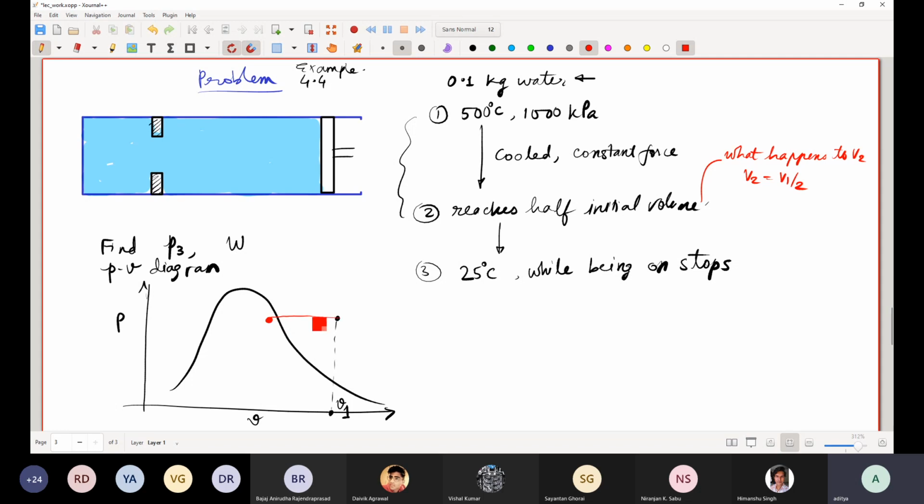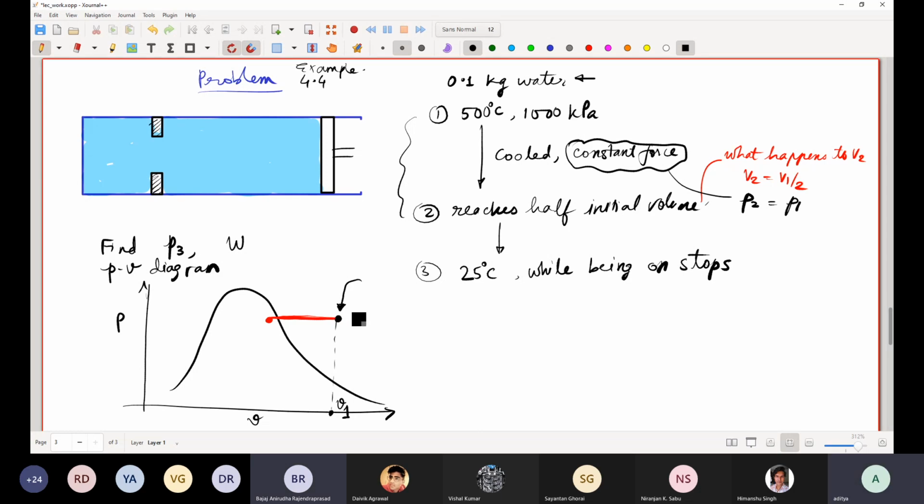And why have I drawn it on a straight line? Because there is a constant force. Very good. So because there is a constant force, the pressure is going to be the same as the initial pressure. And can I pinpoint where this point is?